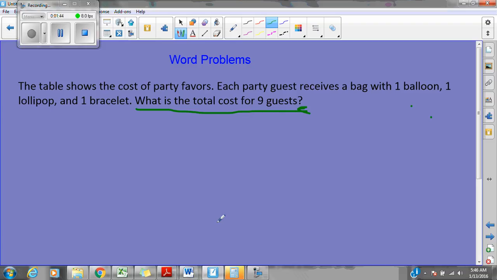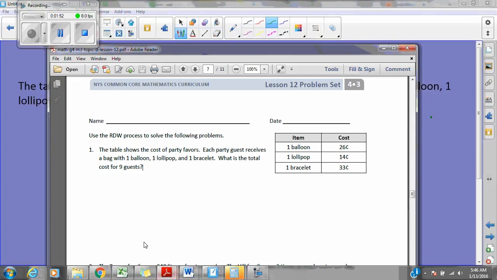Now, our job is to then draw something to help us. We know we want to figure out total cost for 9 guests. What can you draw to help you figure out the total cost for just 1 guest? So let's start there. So we're going to take this time.